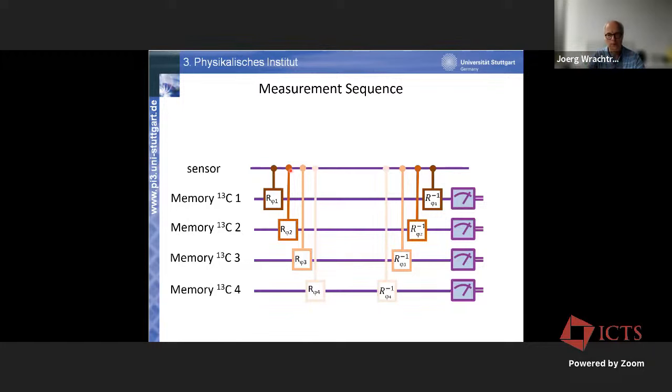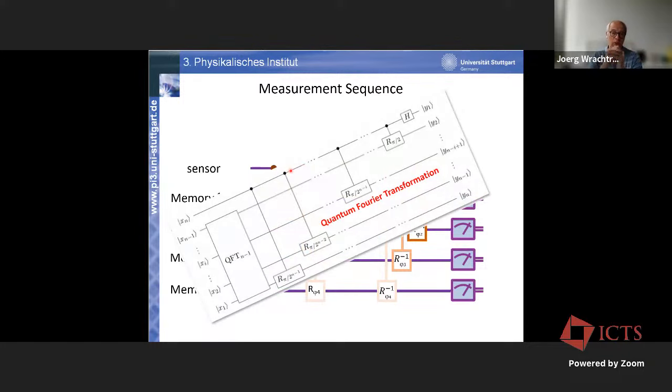And depending on whether you had your quantum info lecture or not, or if you were reading a book, you will see that this kind of gate sequence, controlled phase gate with different phases, phi1 to phi4, that is actually nothing but the gate sequence of a quantum Fourier transformation. You see, this is the same type of sequence I see here.